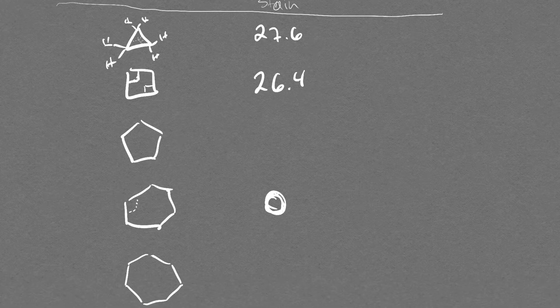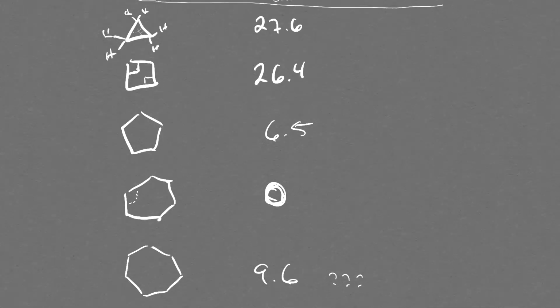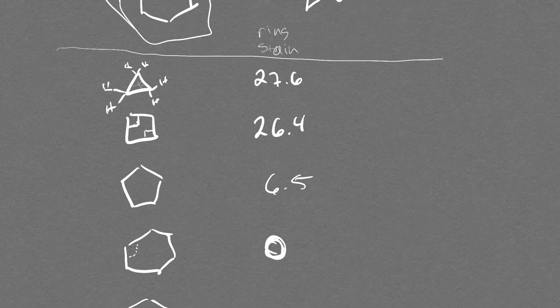Cyclopentane, you're seeing a trend here. It goes down just a tiny bit. You can imagine there's clearly something goofy starting to go on, because cyclopentane is actually only 6.5 kcal per mole more strained than cyclohexane. And when you get to these bigger rings, they go back up.